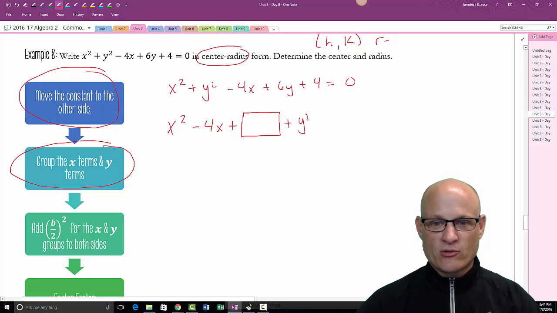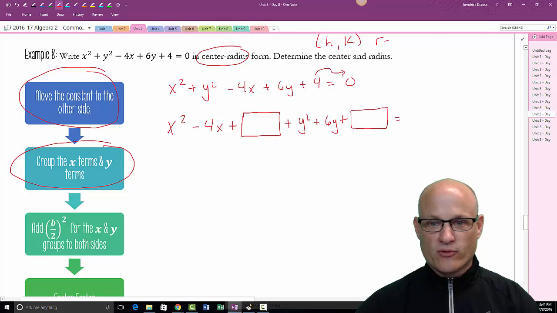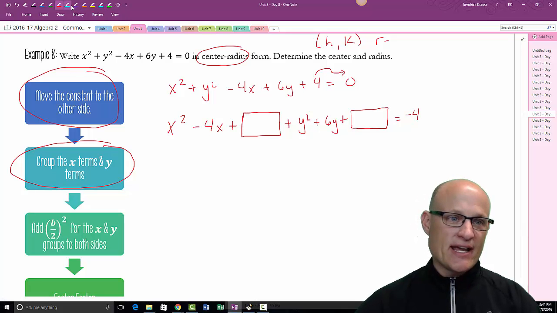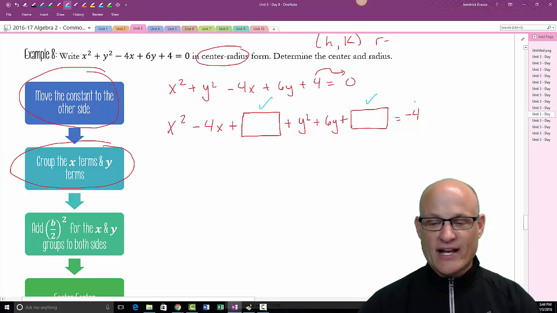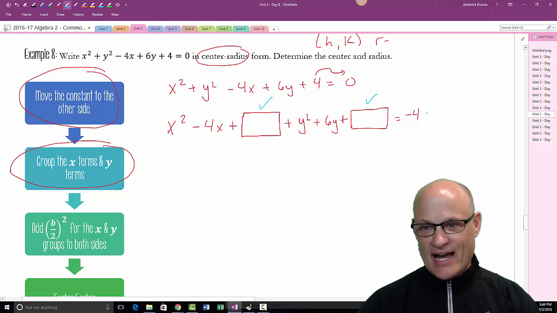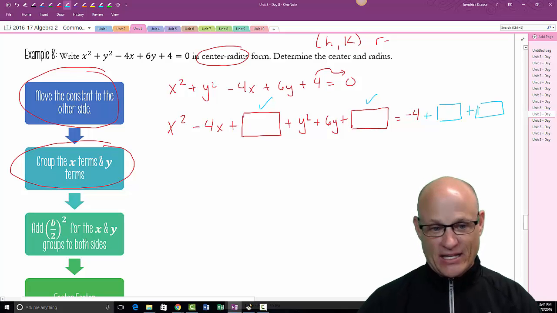Plus y squared plus 6y plus a box, completing the square, equals, now we brought the 4 over, so that makes it negative 4. But notice I added a box here and a box here. Well, if I add 2 boxes on this side, I got to add 2 boxes on this side in order to keep the equation balanced.